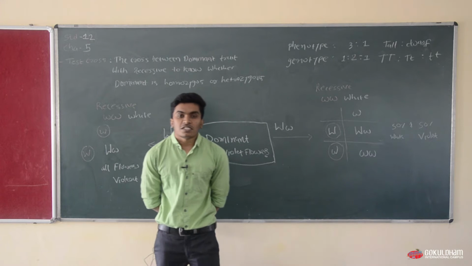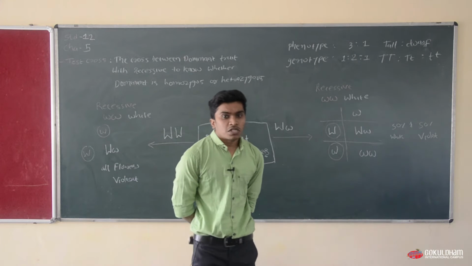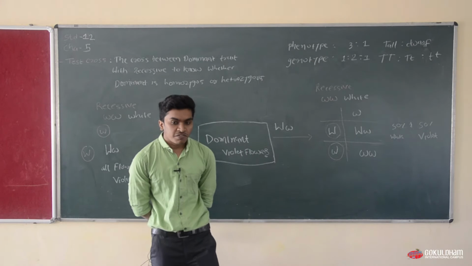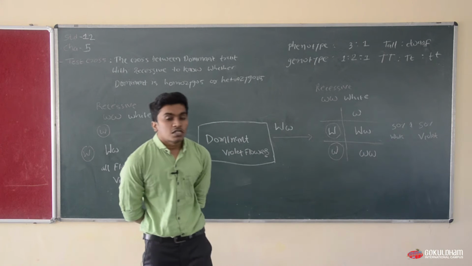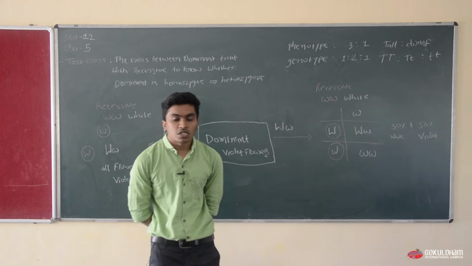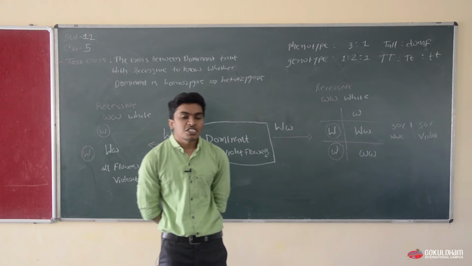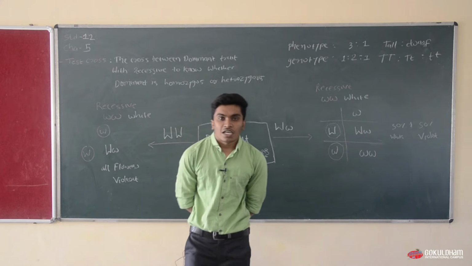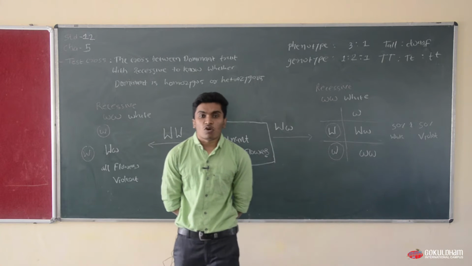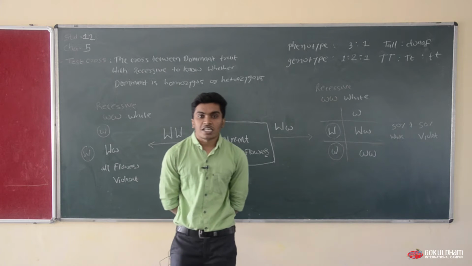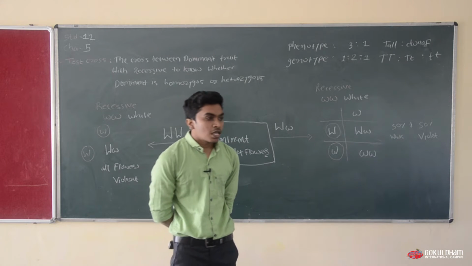In the previous lecture, we discussed the principles of inheritance and variation, in which we discussed Mendel's working method and his principles. We discussed two principles: the first is the law of segregation and the other is the law of dominance, which are mainly based on monohybrid cross, where only one character is studied.